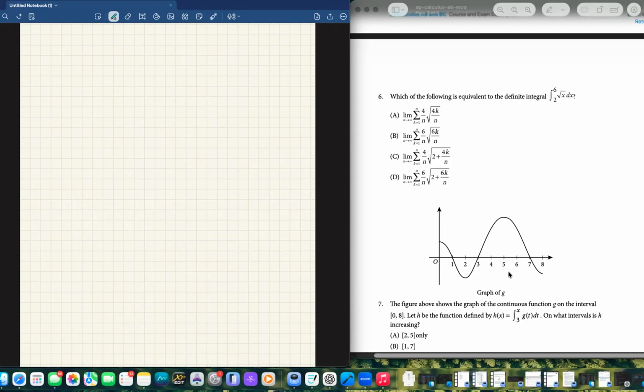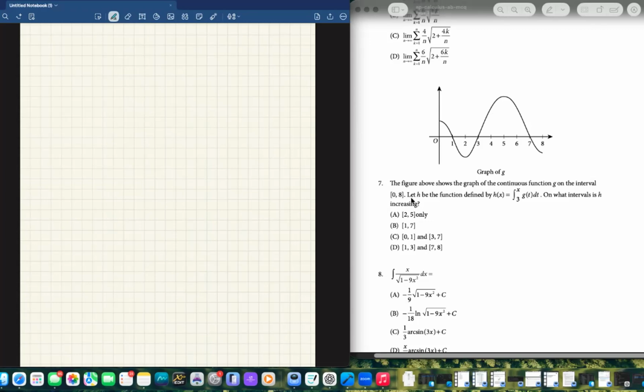All right, now this here. The figure above shows a graph of the continuous function g on the interval 0 to 8. Let h be the function defined by an integral that has g of t as the derivative. So that means h is the accumulation function under this graph, and we're starting at 3 at this point right here. Well, on what intervals is h increasing?